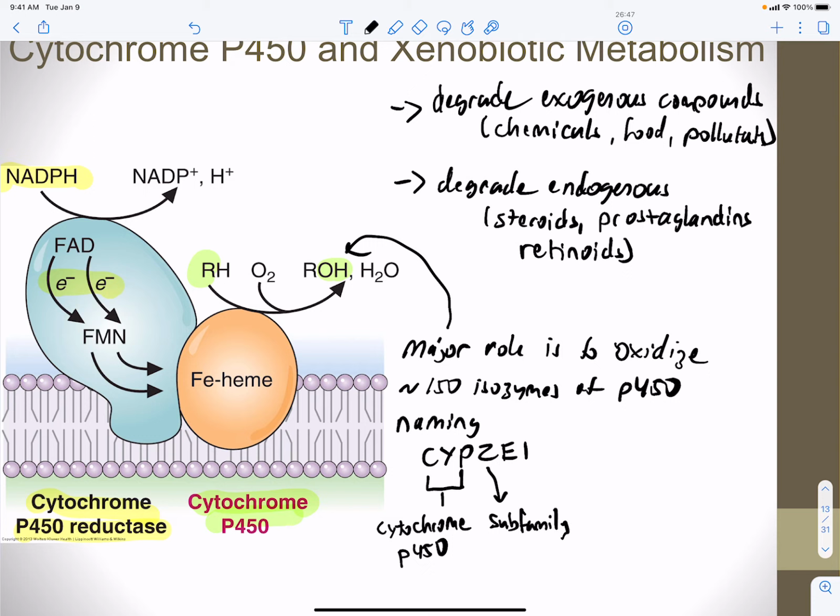And then you have your E, which is going to give you ethanol. And then the 1 is a specific isozyme. Now, does it mean that the CYP2E1 only metabolizes ethanol? No. But this just means this is what it was identified with, so this is how it got its name.